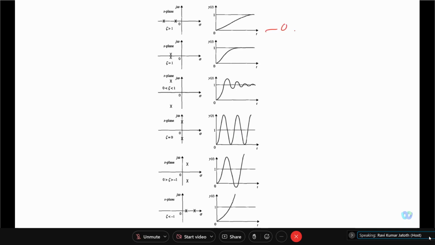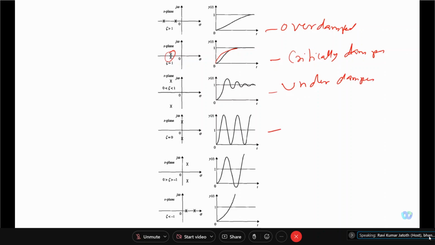Which type of system is it? Overdamped. When zeta is equal to 1, you will get the same roots, so it is critically damped. We saw this yesterday. And this is underdamped, and this is undamped.